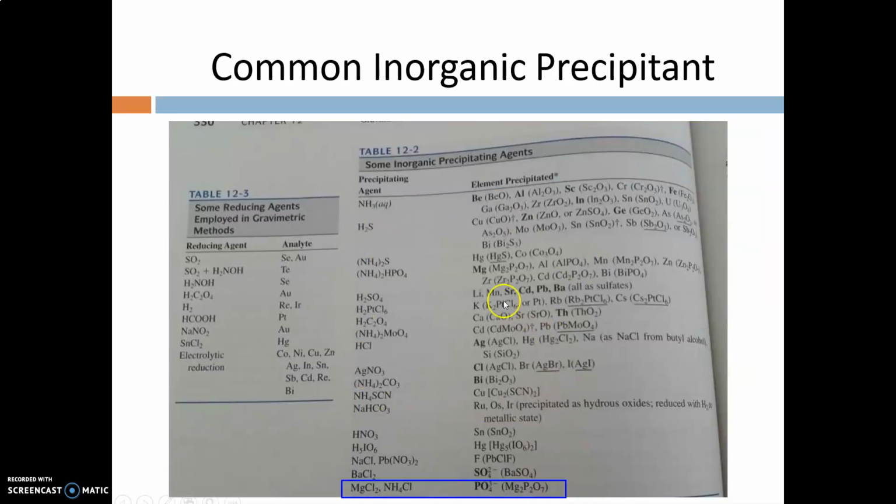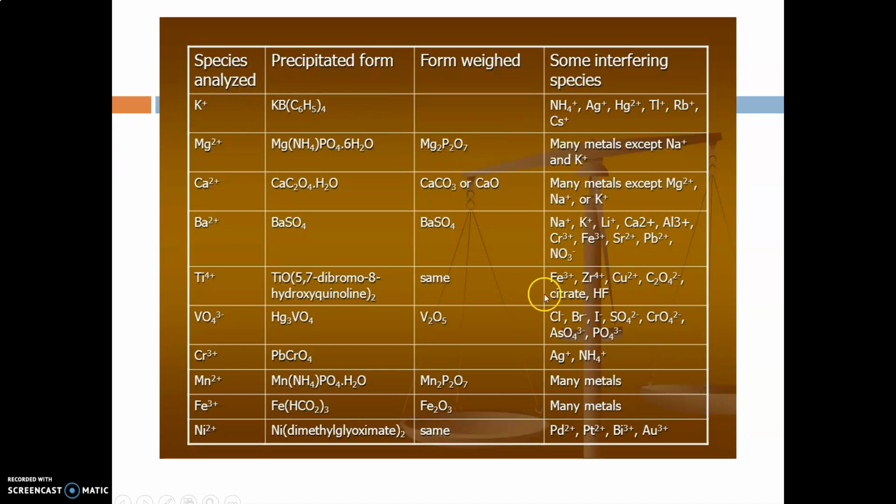Okay, this is another example you can read and please remember it, and also this one. Okay, so please remember everything in the table, from the species analyzed, precipitate form, weighing form, and interfering species, because these species may interfere because, as I mentioned before, our precipitants are sometimes not very selective.